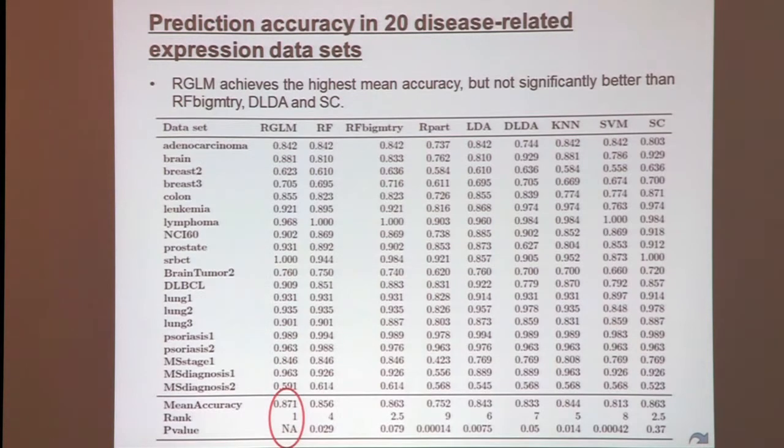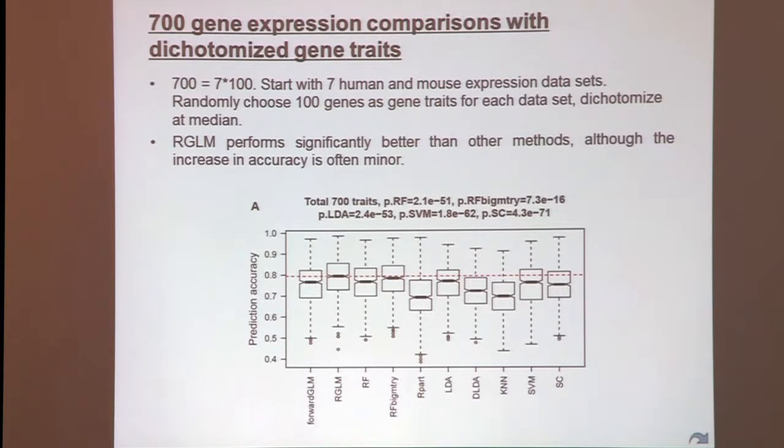But here's the limitation of this study. Although this is actually the largest empirical study involving gene expression data that I'm aware of, evaluating predictors in 20 data sets is still not enough. And so Lin Song then evaluated these different methods using 700 data sets. How did she generate so many data sets? She used a trick.